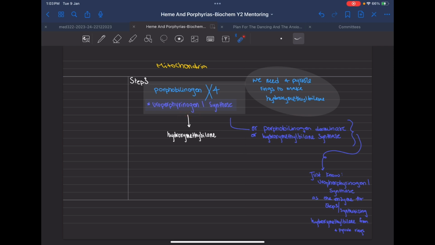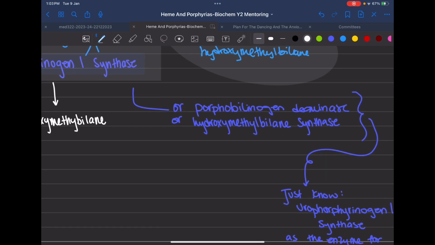But from how your lectures are phrased, I think your professor wants you to know that this is the main enzyme. But also, do keep in mind that porphobilinogen deaminase and hydroxymethylbilane synthase are also enzymes that could be mentioned. So PBG deaminase and hydroxymethylbilane synthase.